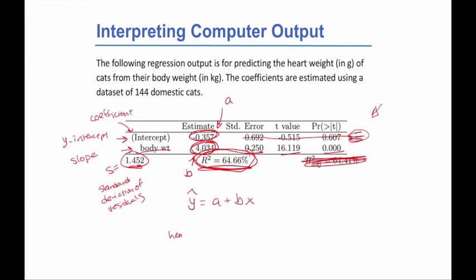So heart weight with the hat, because it's predicted, is A, which is negative 0.357, plus the slope, B, is 4.034 times the body weight, which is your explanatory variable.